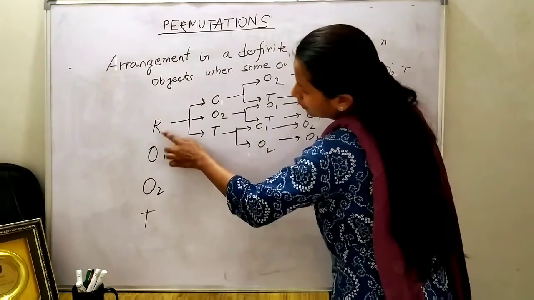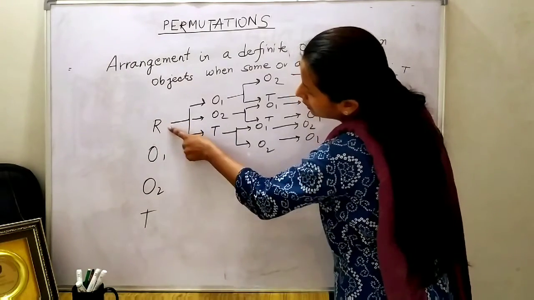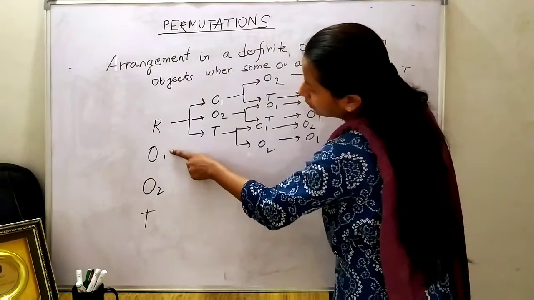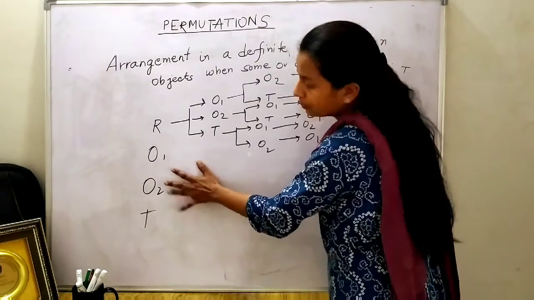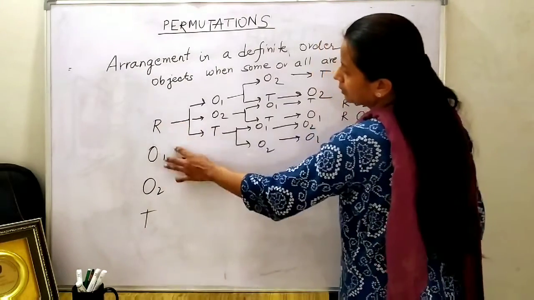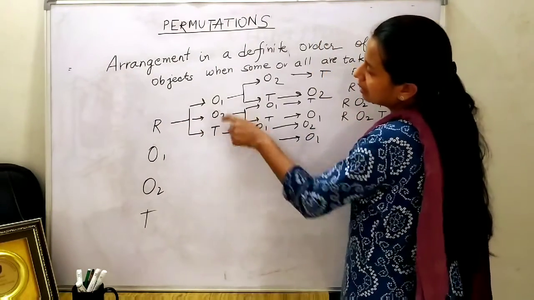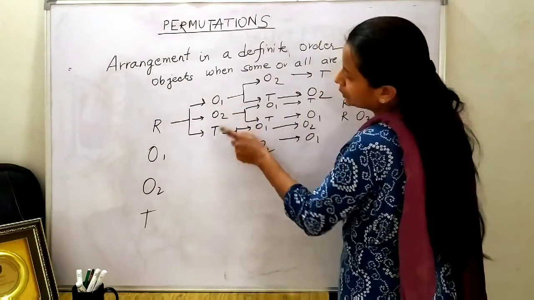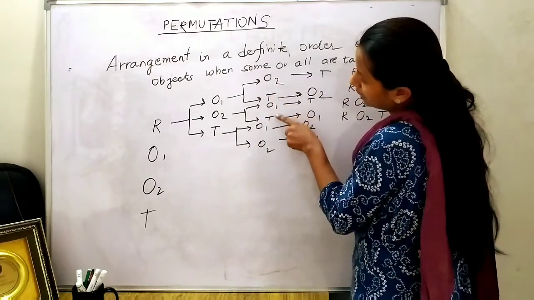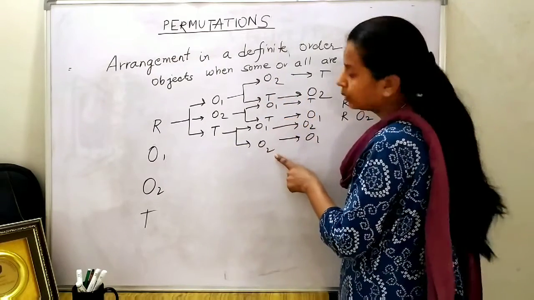Suppose we have the word root in which the two O's are similar. We first denote them as distinct objects O1 and O2. Now taking R in the first place, we have three options for the third place: O1, O2 and T. For the fourth, O2 and T, O1 and T, O1 and O2, right?